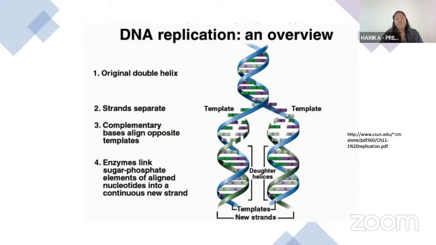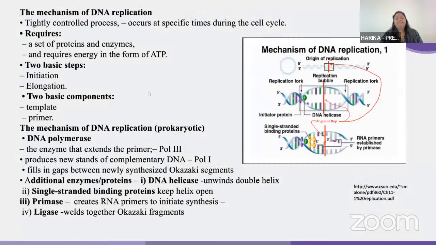What I told you is that enzymes will be doing the splitting, right? So mainly, let us see how the DNA replication actually occurs. This replication is a very tightly controlled process. It does not occur very frequently.